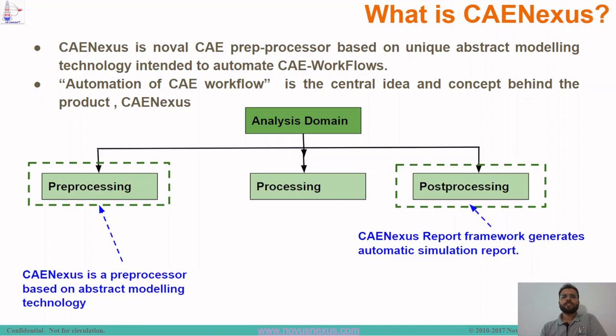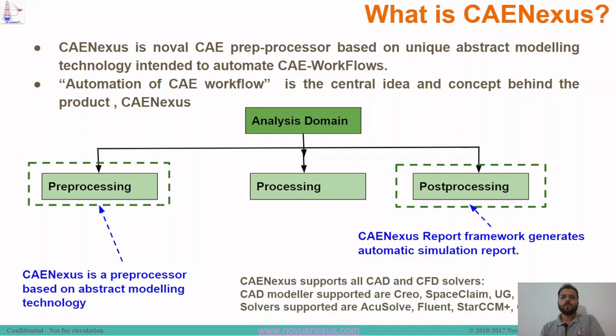So CAENexus falls in the pre and post processing subdomains of analysis. CAENexus supports all CAD and CFD solvers. CAD modelers supported are Creo, SpaceClaim, UG, and SolidWorks. The CFD solvers supported are Accusol, Fluent, StarCCM Plus, and OpenFOAM.